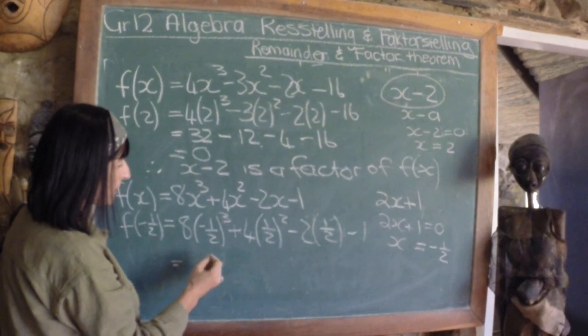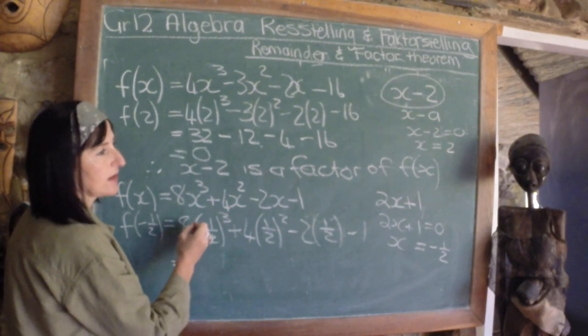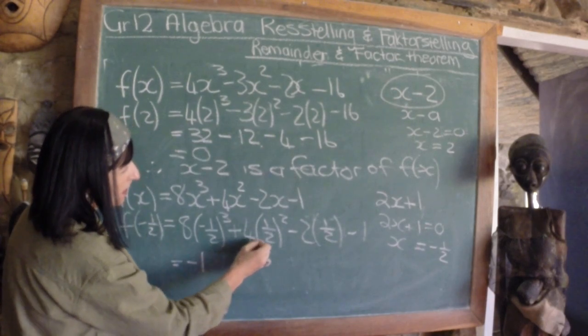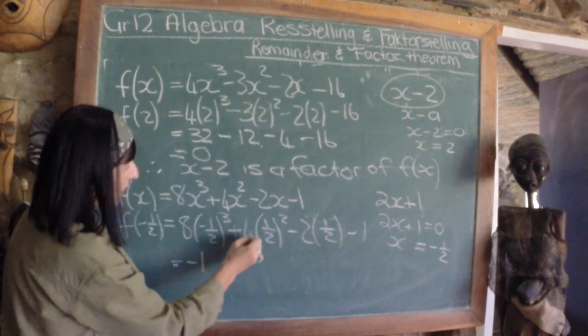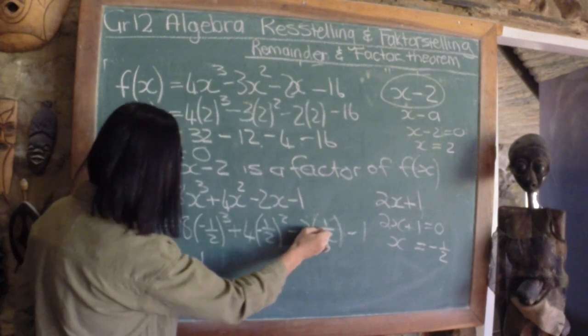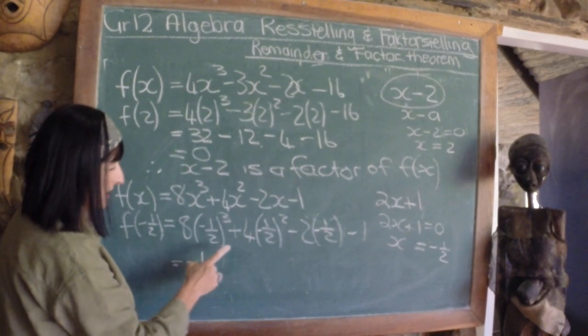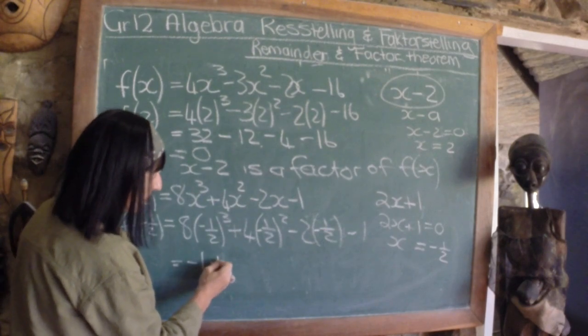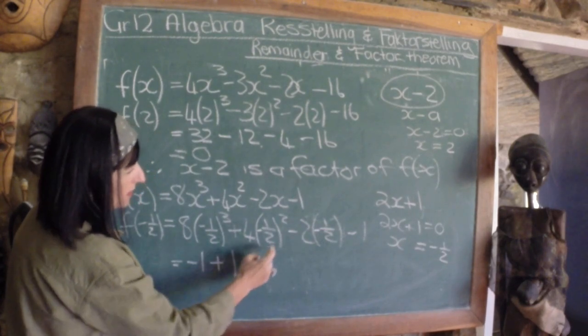So we have minus an eighth. Minus a half cubed is minus 1 over 8. 8 times minus 1 over 8 gives me minus 1. A half squared, minus a half, remember it's minus a half, minus a half squared is a quarter, so that gives me plus 1.